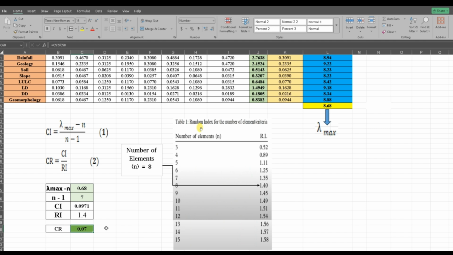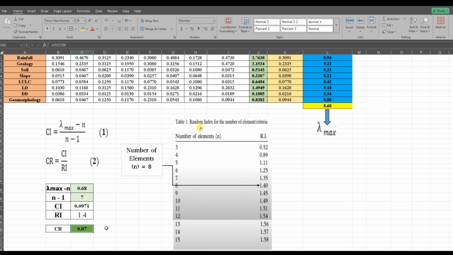For a matrix size greater than 4 by 4, consistency ratio must be less than 10%. Therefore, in our case, our matrix is an 8 by 8 matrix, and our consistency ratio is 7%. Our analysis, which was made during the normalized pairwise comparison, was logically acceptable and consistent.